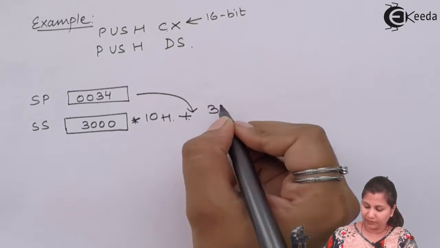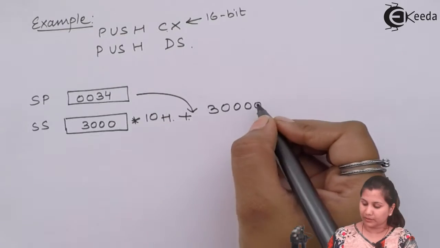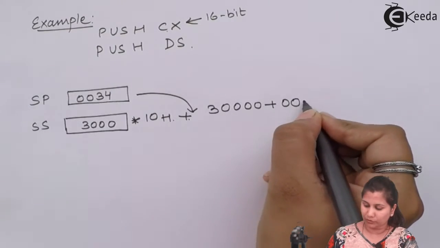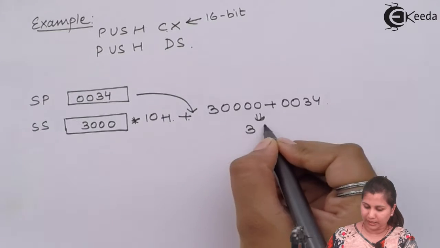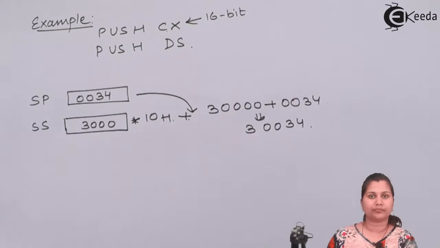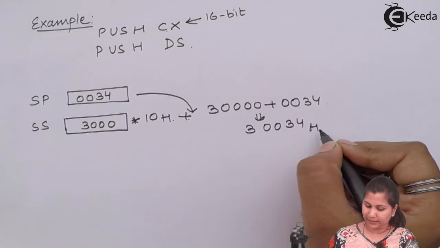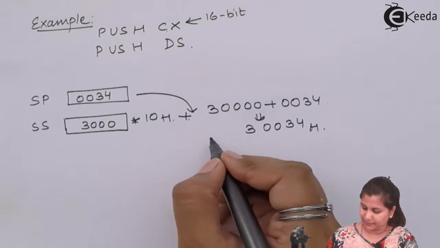So we get 30,000 plus 0034, which is 30034. This is the address. Now at this address the stack is initialized.